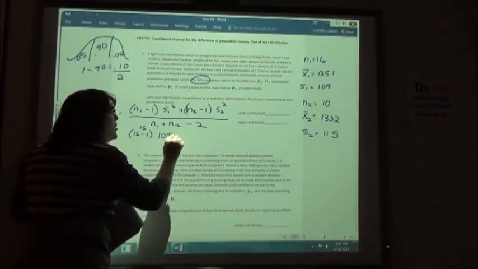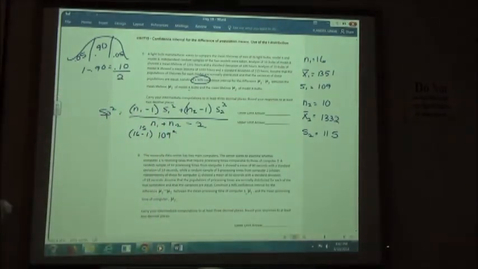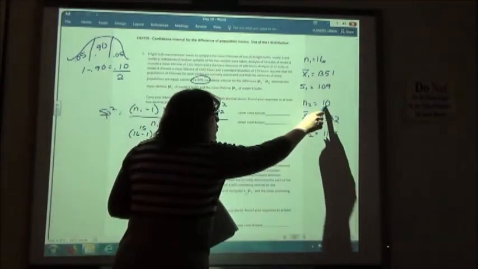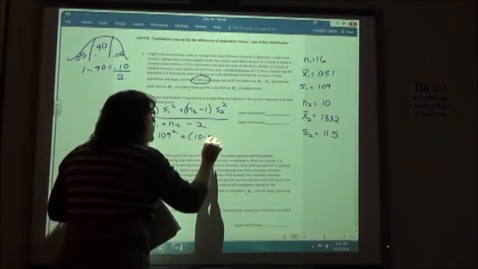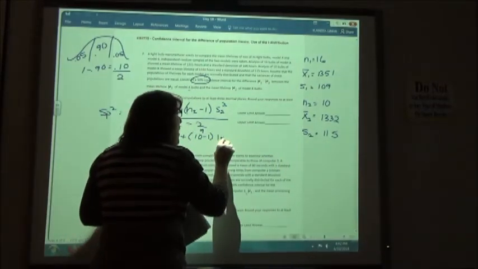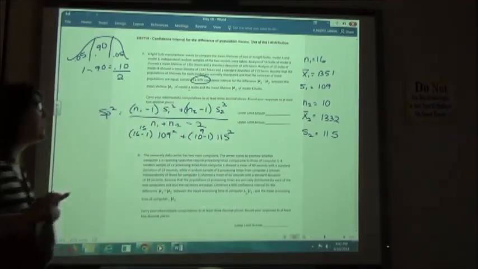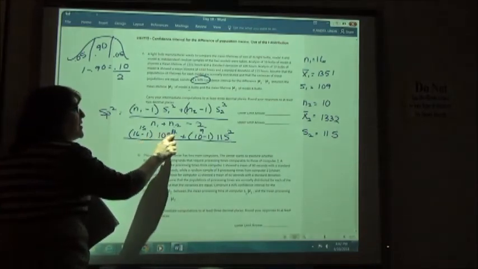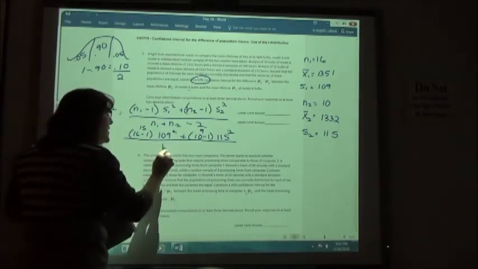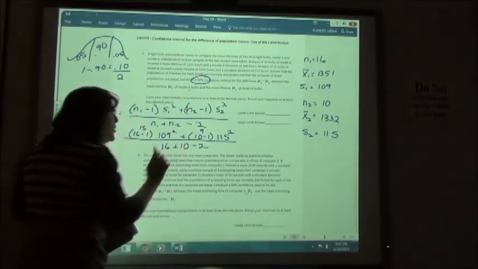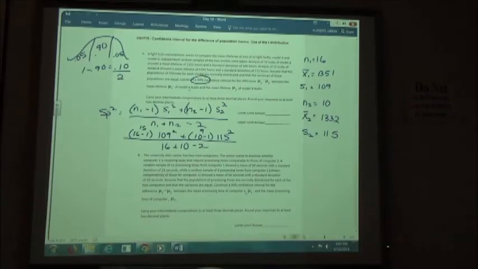So I'm going to have 109 squared plus n2 minus 1. n2 is 10, so 10 minus 1 is going to be 9, times my standard deviation squared, which is 115, so 115 squared. That's all going to be over n1 plus n2 minus 2. So 16 was n1, plus 10 was n2, minus 2 on the bottom. And then we have to calculate that value.